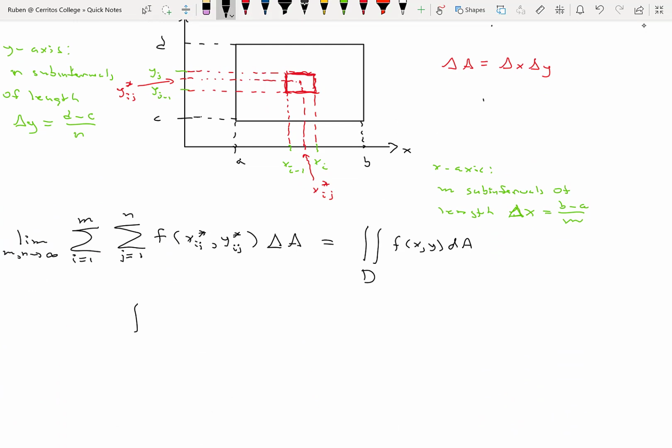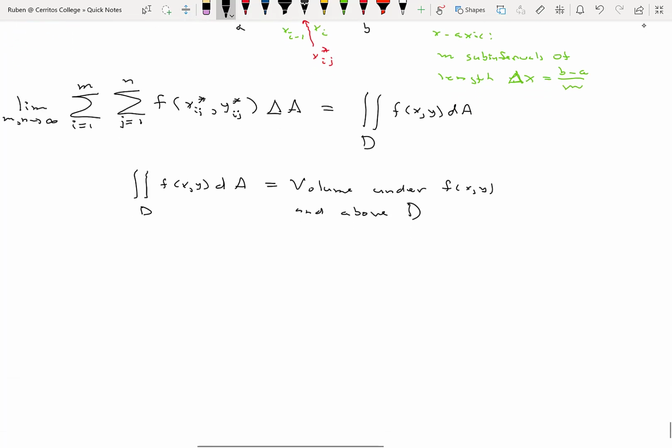If the function f of x, y is non-negative, then we can interpret the double integral over the rectangle D as not the area, but the volume under f of x, y and above the rectangle D.